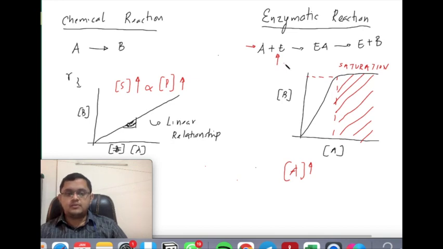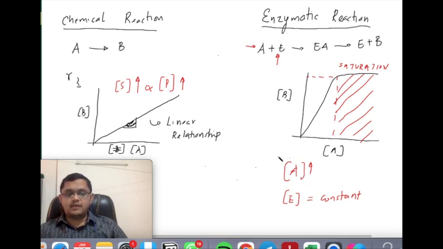So the enzyme is normally present in a limited quantity. Here the enzyme concentration is constant, so even though the substrate concentration is increased, there is no further increase in enzyme. There is no sufficient enzyme to support it. So there is a saturation.